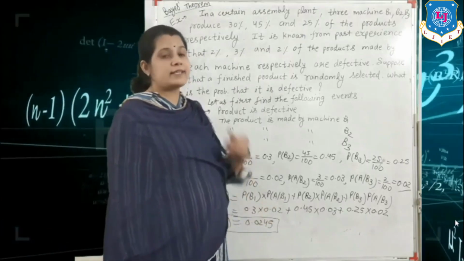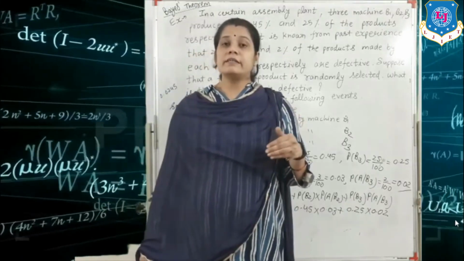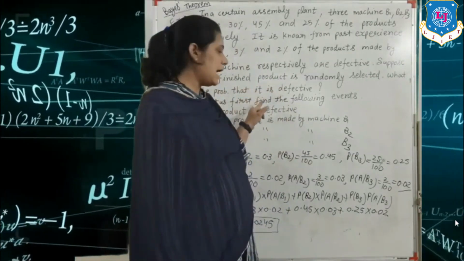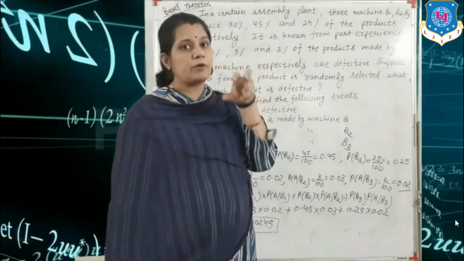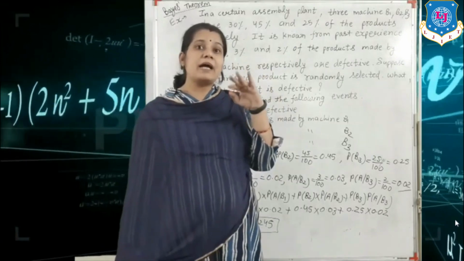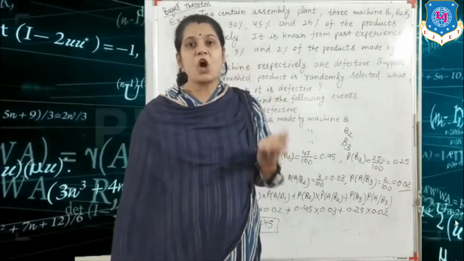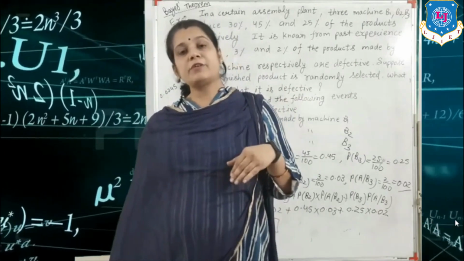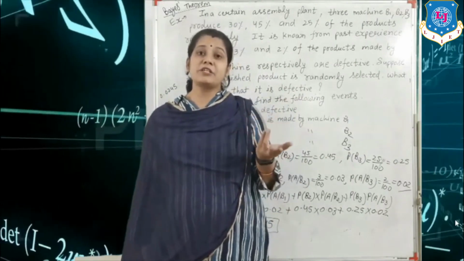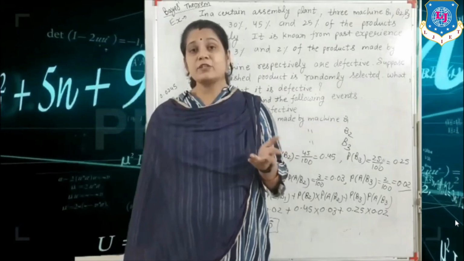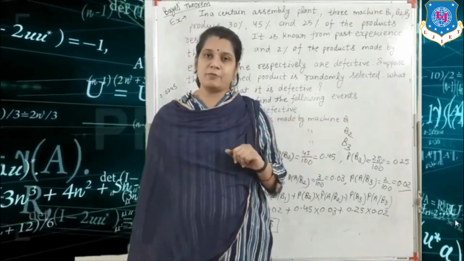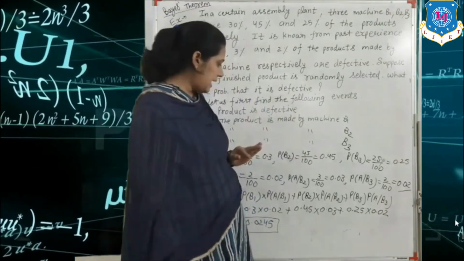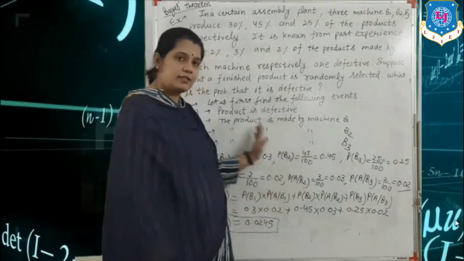Okay, for example, suppose we are asked what is the probability that the defective product is produced by machine B1, or by machine B2, or by machine B3. This question is also included in conditional probability and the Bayes theorem. So what is the process? The process is that you find all these values.